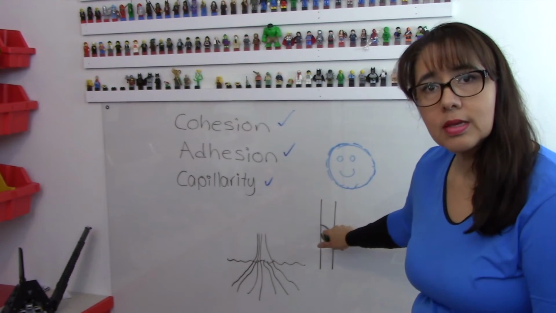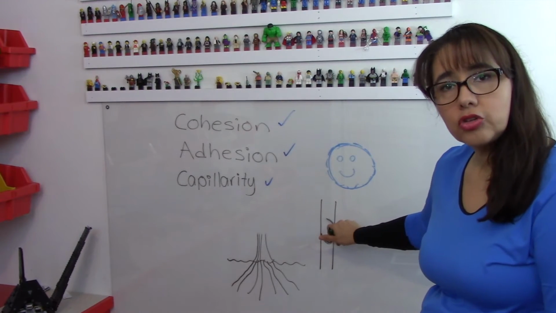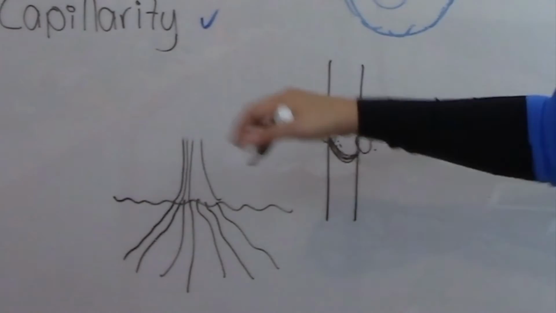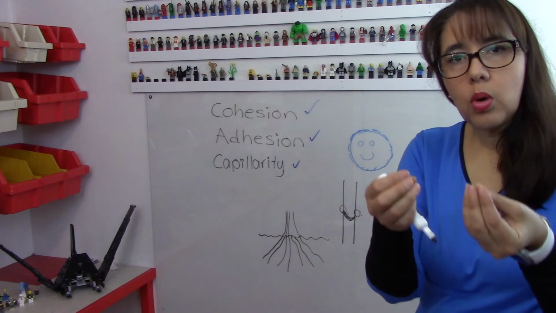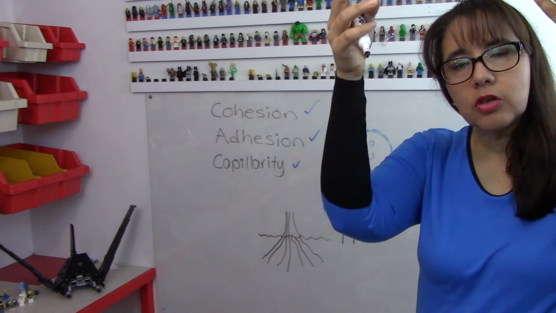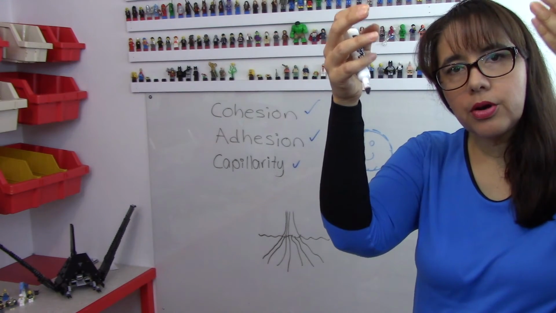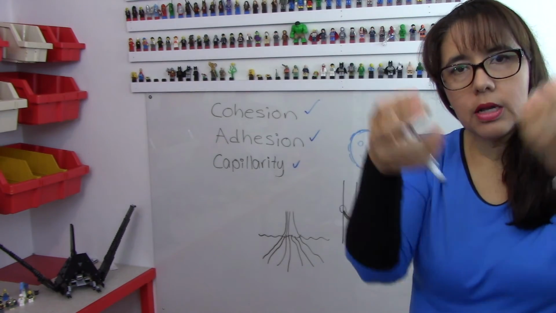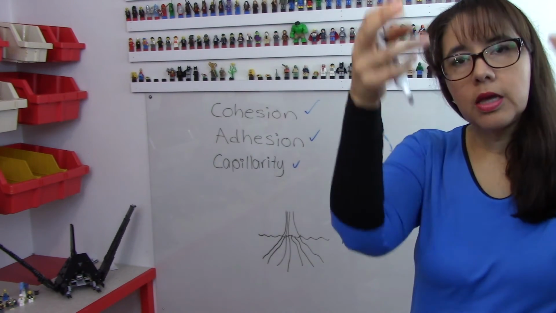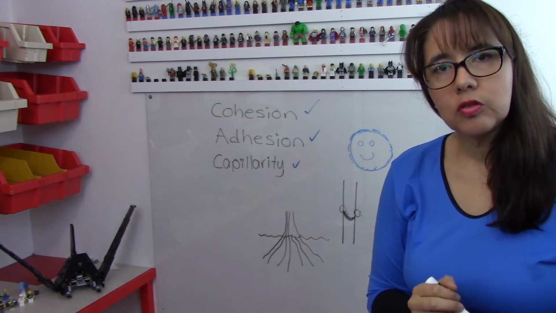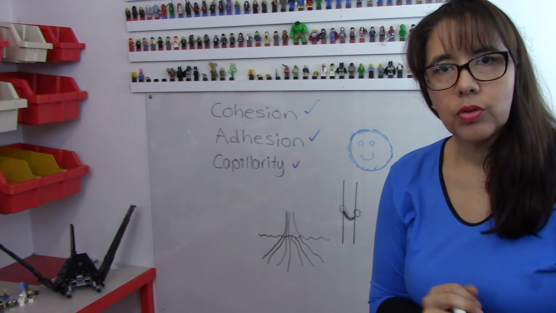In this process, the adhesion is larger than the cohesion. That means these parts here are going to pull the water through the cohesive forces. And then when it rises, it's going to adhere a little bit higher, and then cohesion is going to rise again. And then it's going to adhere, and then cohesion is going to rise. And cohesion is always trying to catch up with adhesion, and that process is called capillary action or capillarity.